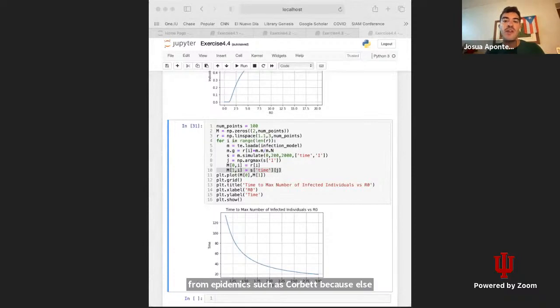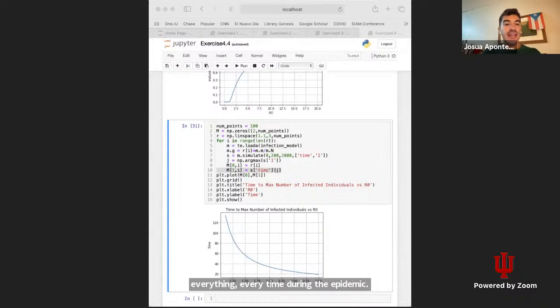Because in the case of COVID, a person can be infected and might not know it. A person can be infected, but might not report it. And in that case, we do not have access to the real number of infected individuals. But in this case, we will assume that it's an infection where we have perfect knowledge of the number of infected individuals at every time during the epidemic.